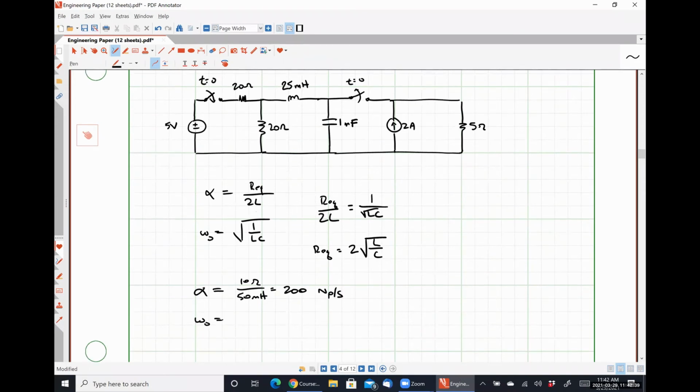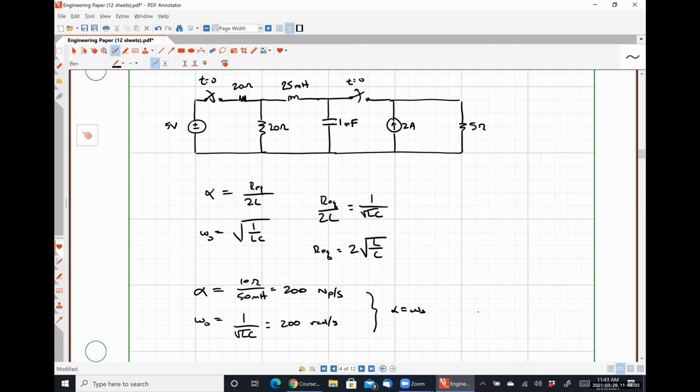Omega naught is going to be 1 over root LC. L is 25 times 10 to the minus 3. C is 1 times 10 to the minus 3. That gives 200 radians per second.